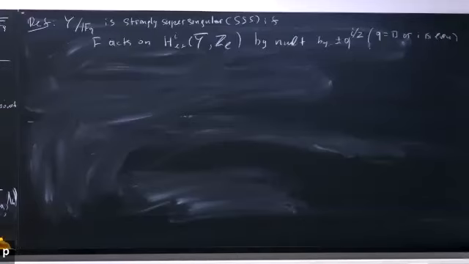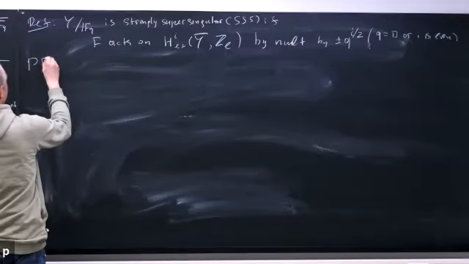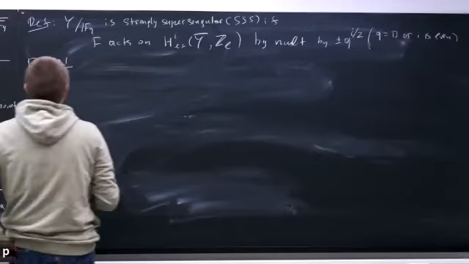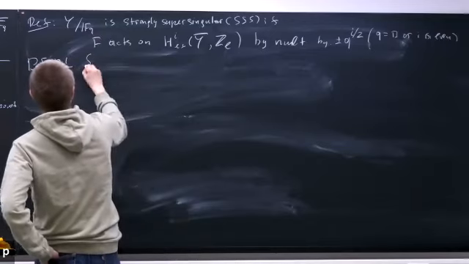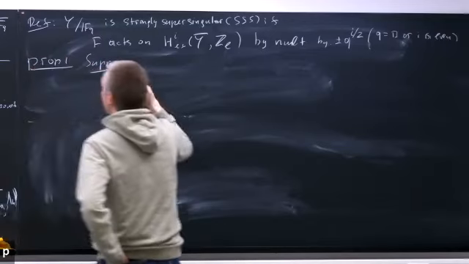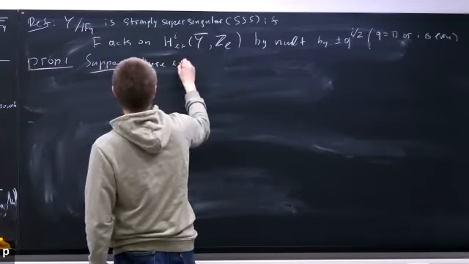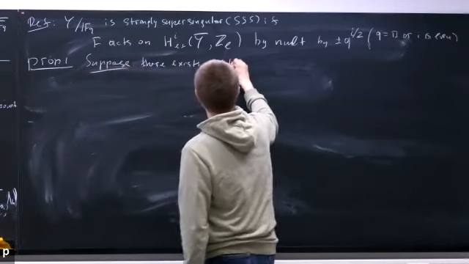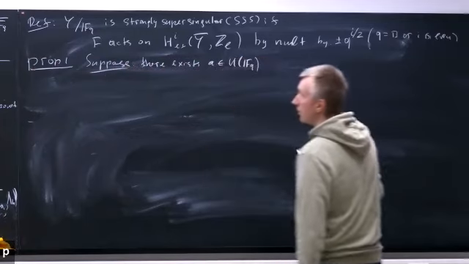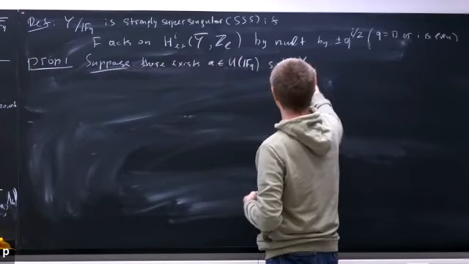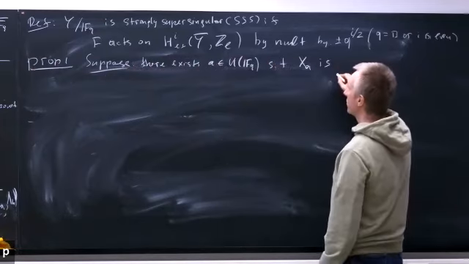So how will this help us? Here's the first proposition I will use. Actually, we get a stronger thing. Suppose there exists a point over Q such that the fiber of our family over this point is strongly supersingular.